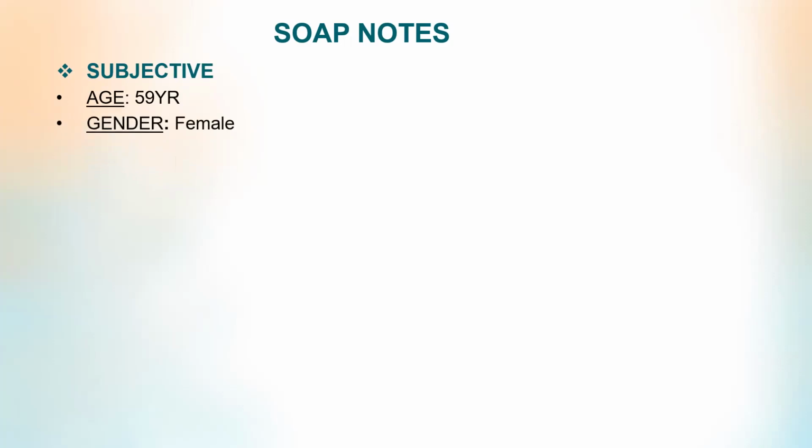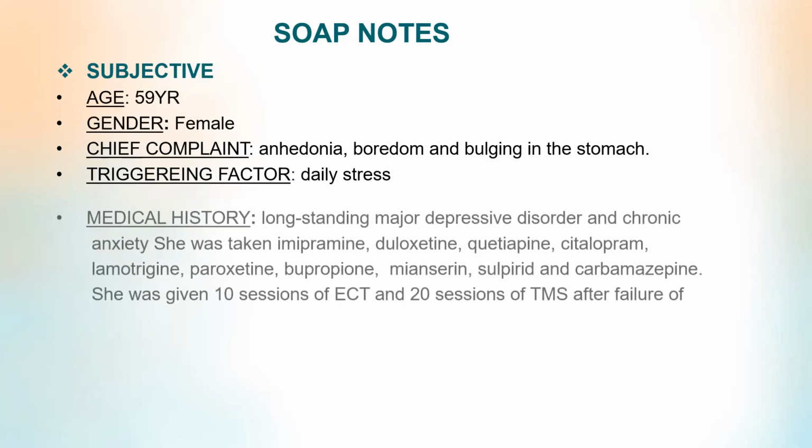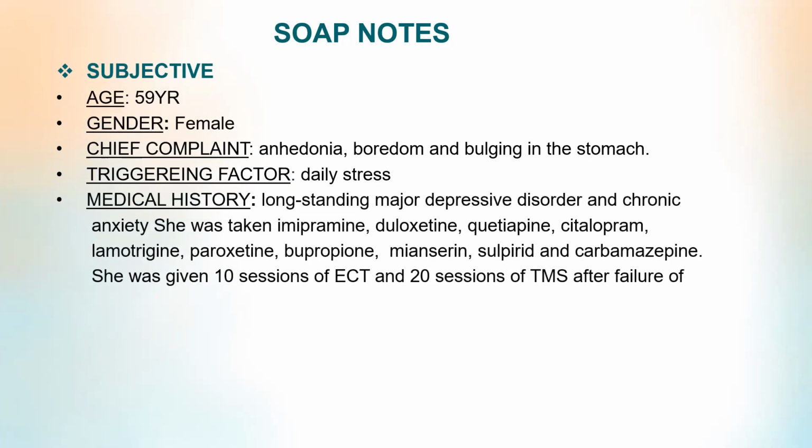SOAP notes. Subjective: age of the patient is 59 years and the gender is female. Her chief complaint was anhedonia, boredom, bulging in the stomach. The triggering factor was daily stress. Her medical history includes long-standing major depressive disorder and chronic anxiety.